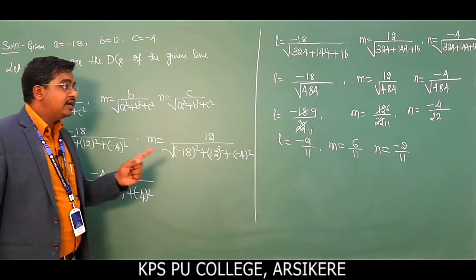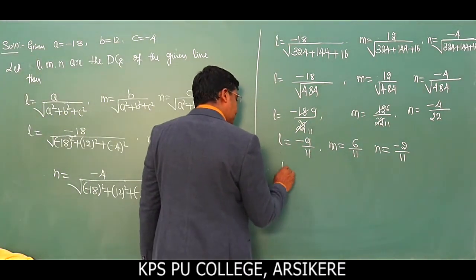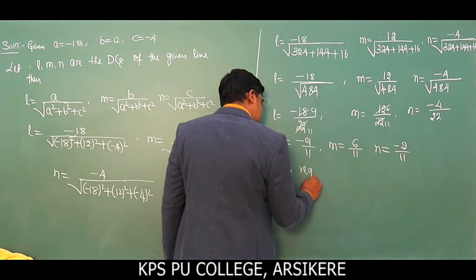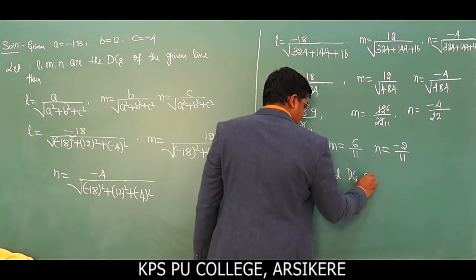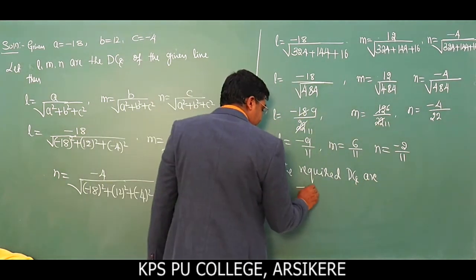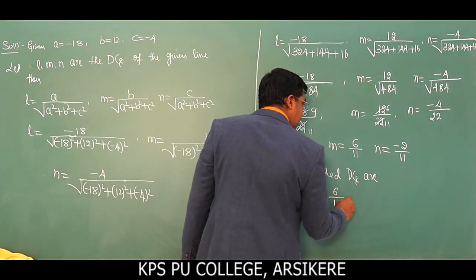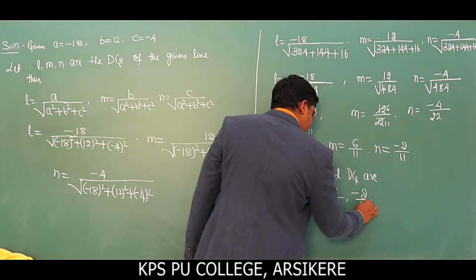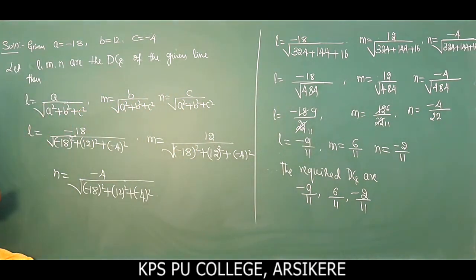Therefore, the required direction cosines are minus 9 divided by 11, 6 divided by 11 and minus 2 divided by 11. Take a pause and note all the things I have written here.